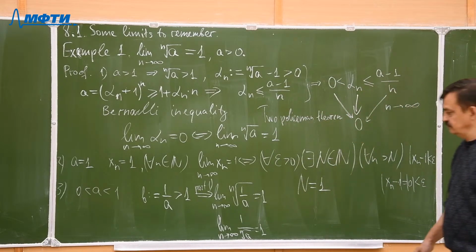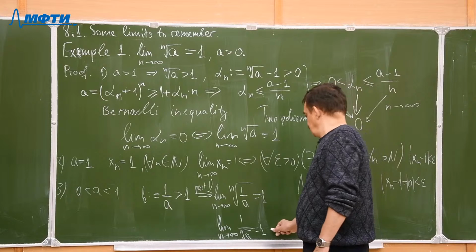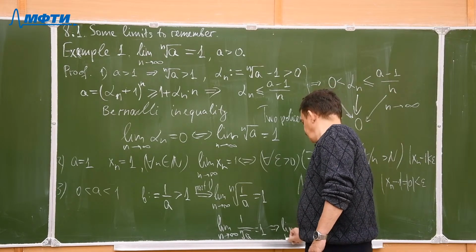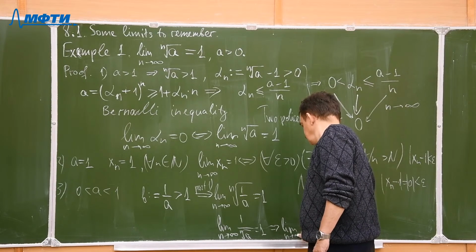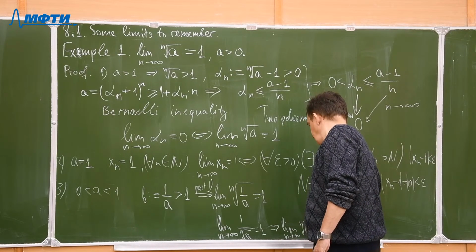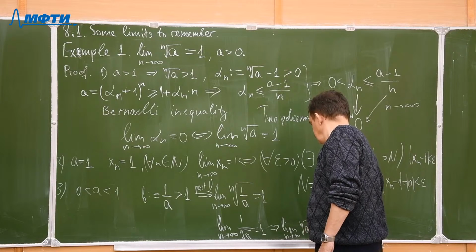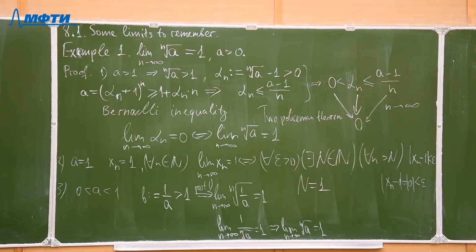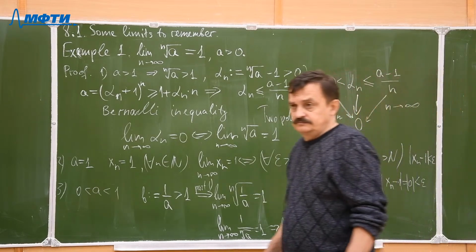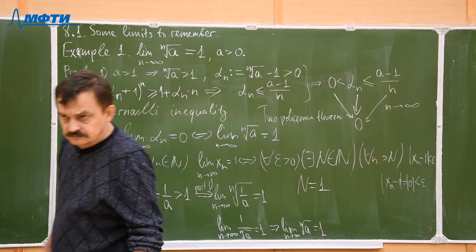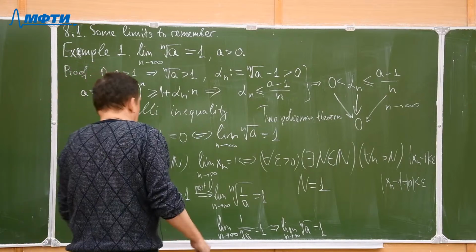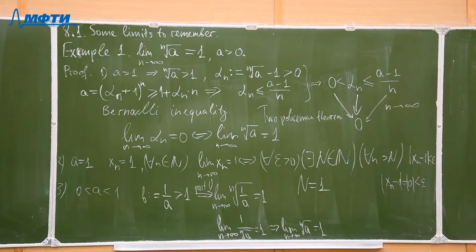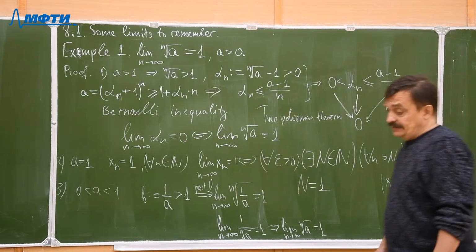And then we have the limit of nth roots of a is equal to 1 as well. So it's okay. It's done.